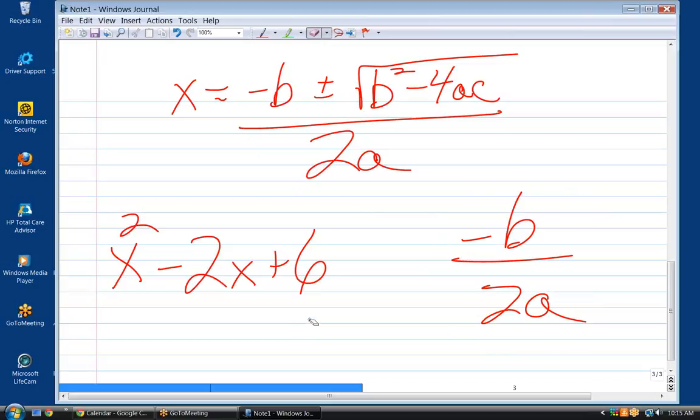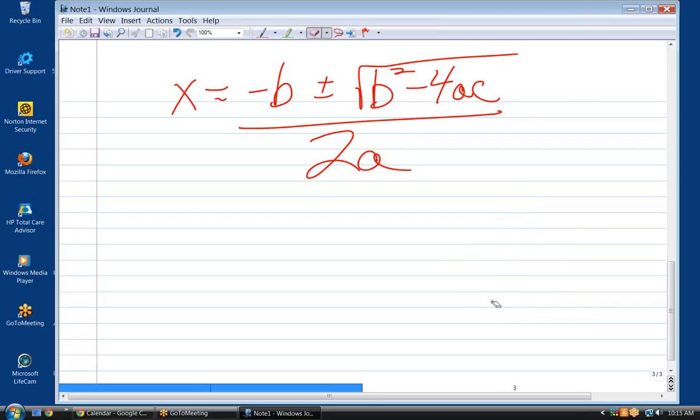If you haven't, it's worth memorizing that the x-coordinate of the vertex of a quadratic is minus b over 2a, as long as the quadratic is in standard format. So each of these helps you learn the other. If you know that, it helps you remember the quadratic formula. If you know the quadratic formula, it helps you remember that.